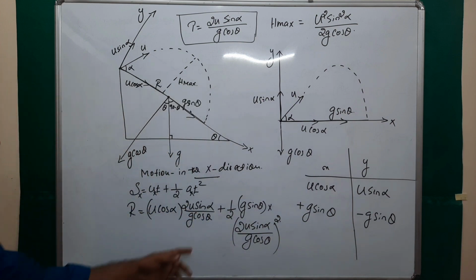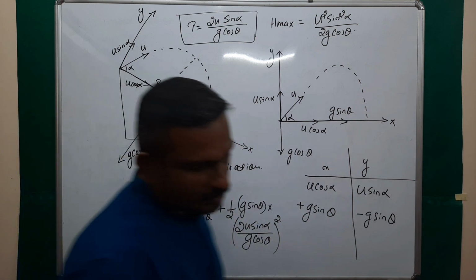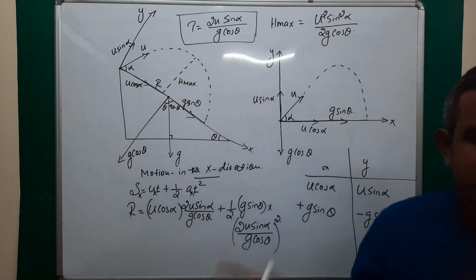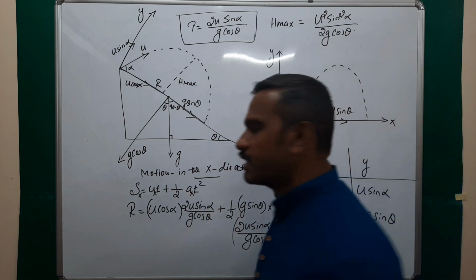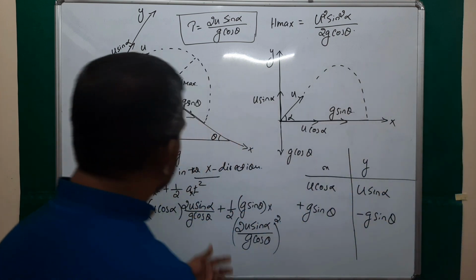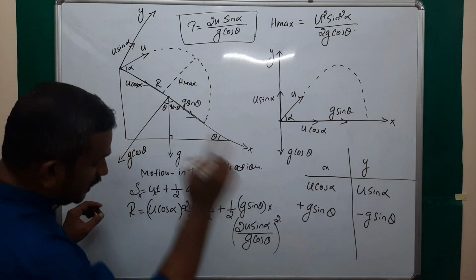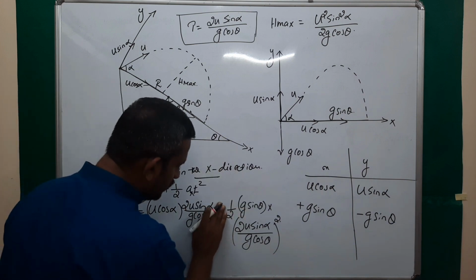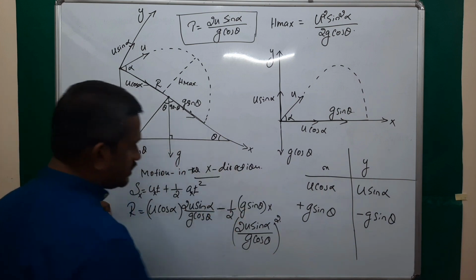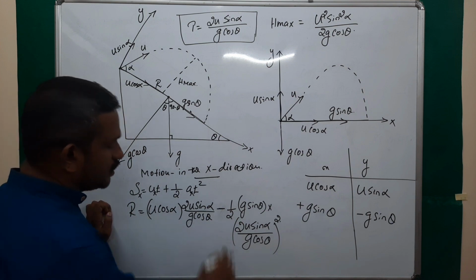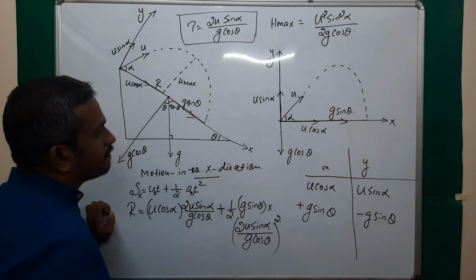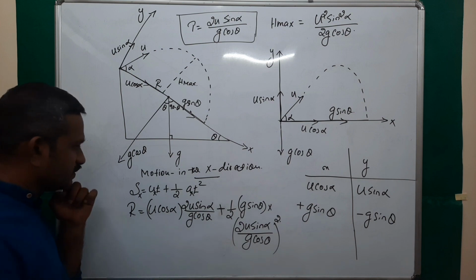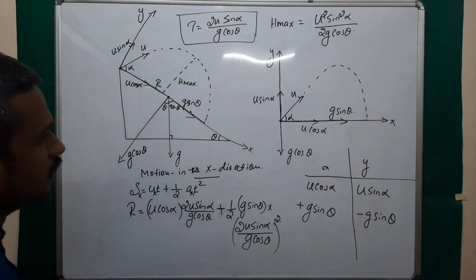Solving this equation, we have done in the second video. In that video, instead of this plus we had minus. Here we have plus. So what is the final equation?